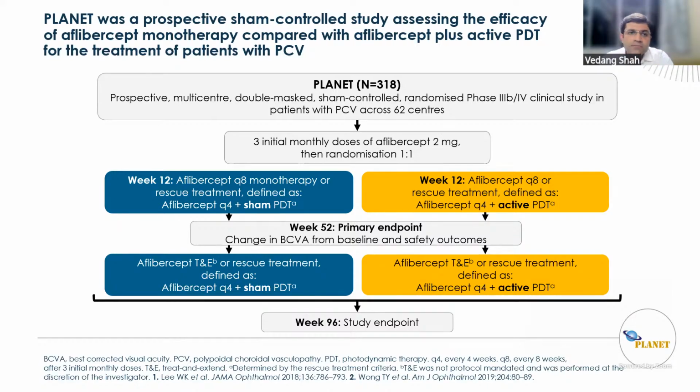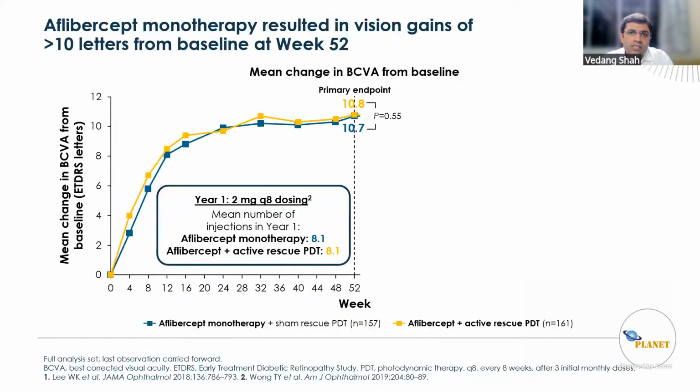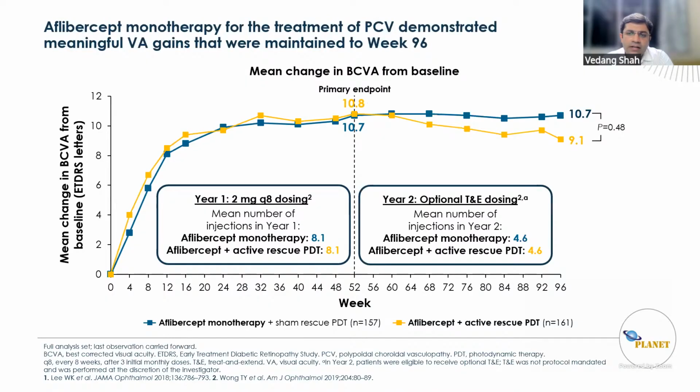It was found that the mean BCVA at the primary endpoint at 52 weeks was almost similar for aflibercept monotherapy as compared to aflibercept with PDT. This continued even at a longer stage, at 96 weeks, and aflibercept therapy with sham PDT performed almost equivalent or a little better as compared to aflibercept with active rescue PDT.